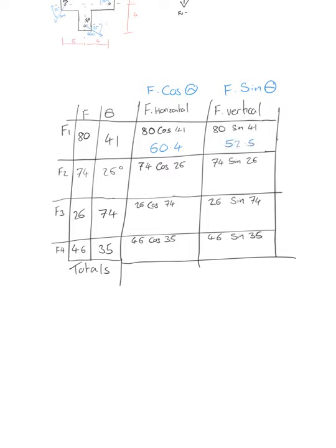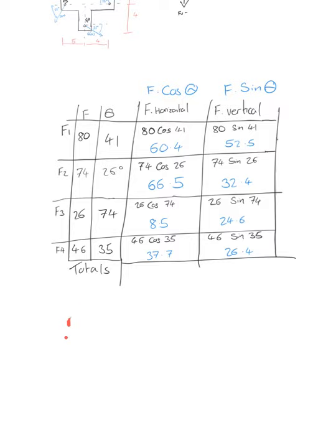So stop. I'm going to fill my table in and talk a bit more about what the sign of each of these should be. Okay, so that's my table filled in, but I need to think of what the sign of each of these should be.